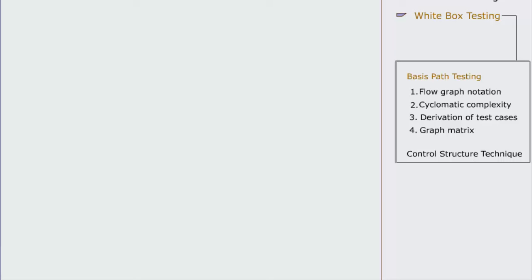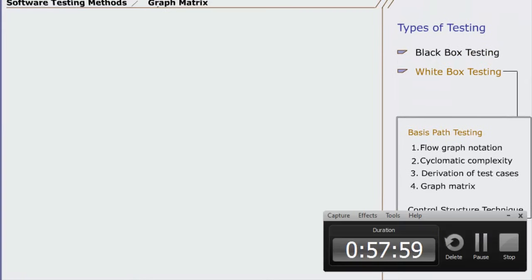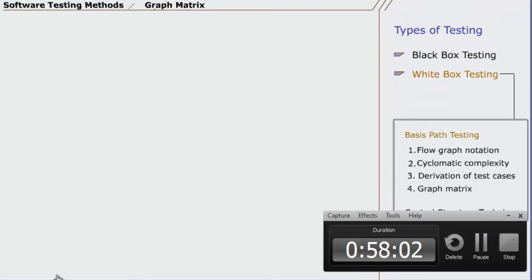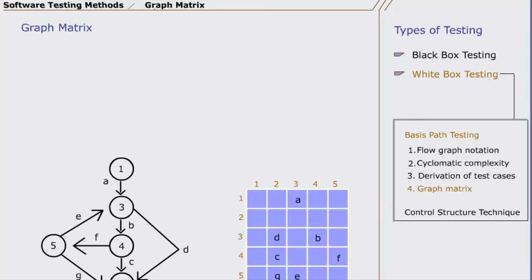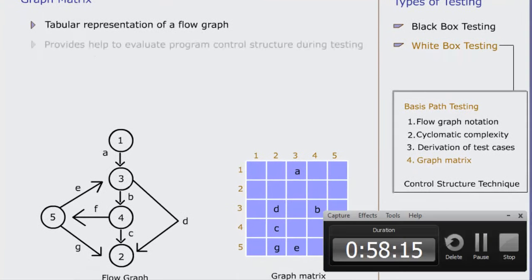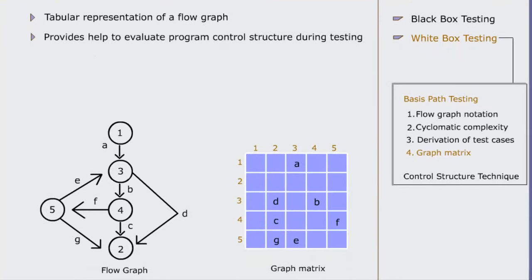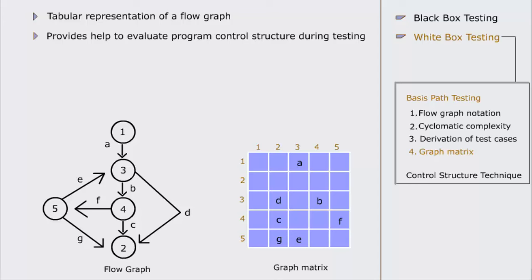Dear students, now we will learn other test methods. One such method is to prepare a graph matrix. A graph matrix is the tabular representation of a flow graph. It can help to evaluate program control structure during testing.